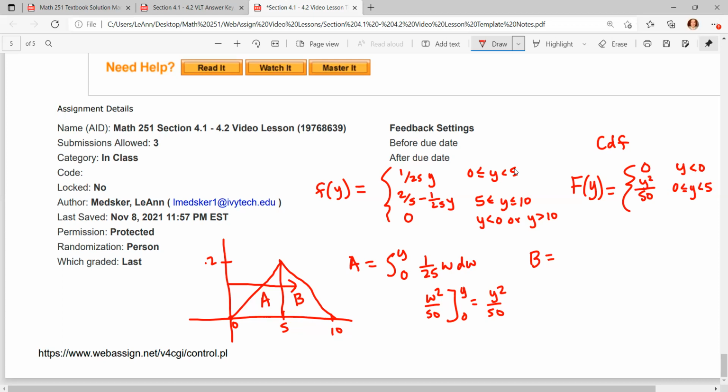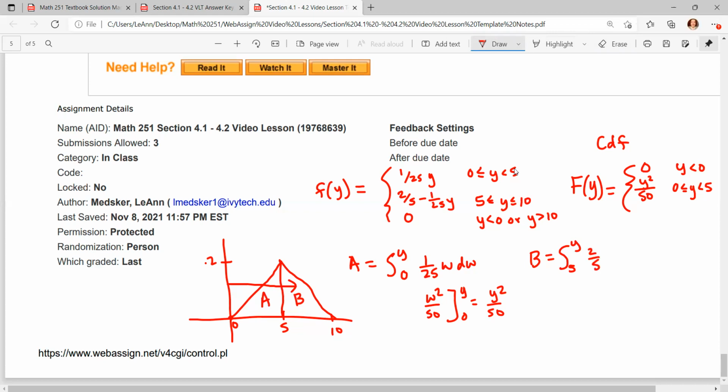We've accumulated up to a certain point of area, which included all of A and a portion of B. So my integral is going to look like a similar setup. It's going to be not 0, 5 to Y, because this one starts at 5 for its first domain part. And we can say up to any point between 5 and 10. So the Y stands for any value there.